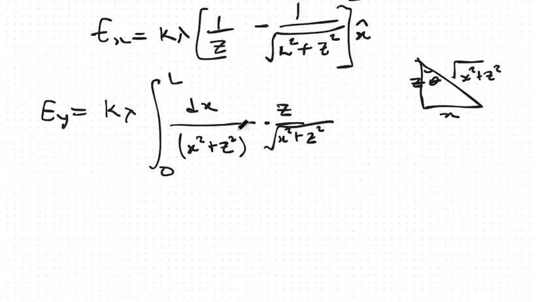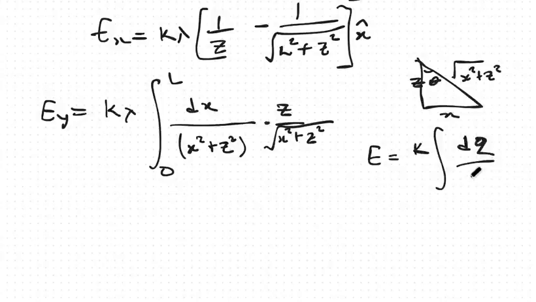The reason why I decided to jump some steps is that I remember our electric field is equal to k integral of dq divided by r squared. So this r squared is this part, and the q, which we showed before, is lambda x.